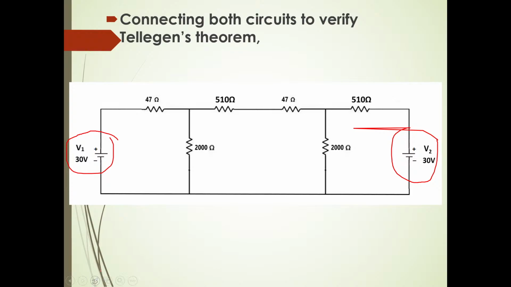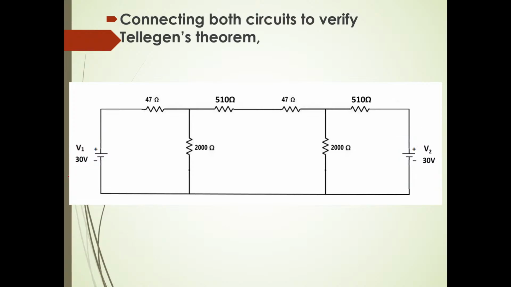So two DC sources, both of the same voltage of 30 volts, are connected across both ends of the connected circuits. Let us assume the notation for one voltage source is V1 and for the other voltage source is V2.